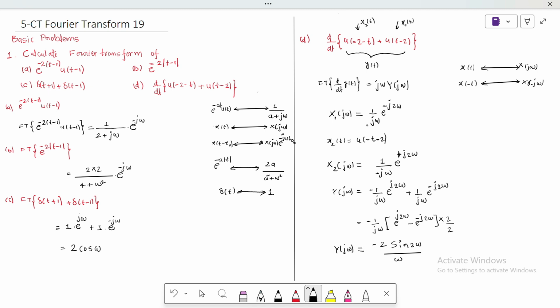This is not the answer. So what is the answer actually? The Fourier transform of d by dt of y of t is j omega times Y of j omega, so j omega must be multiplied.